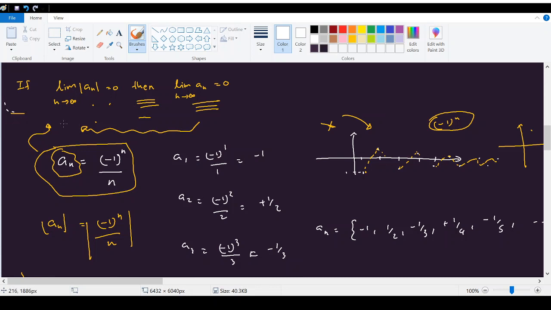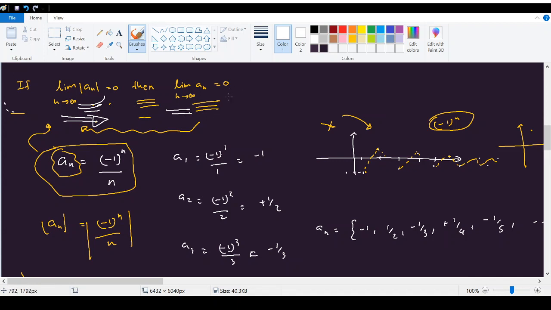I don't have time to explain all the logic behind these statements, but for the time being you have to understand that this statement is valid only in this direction. If we have this one, we know this result. That's all we know from this given statement.